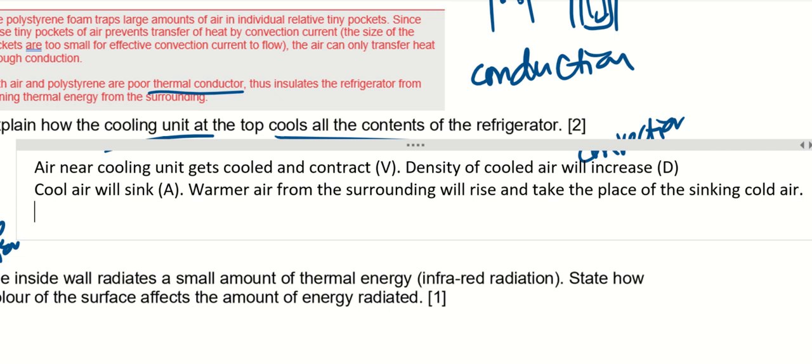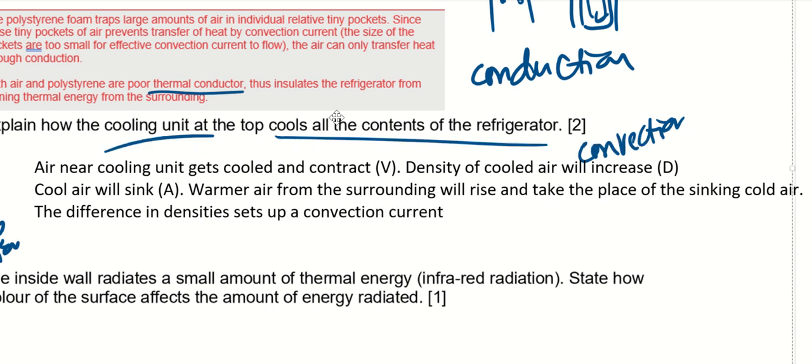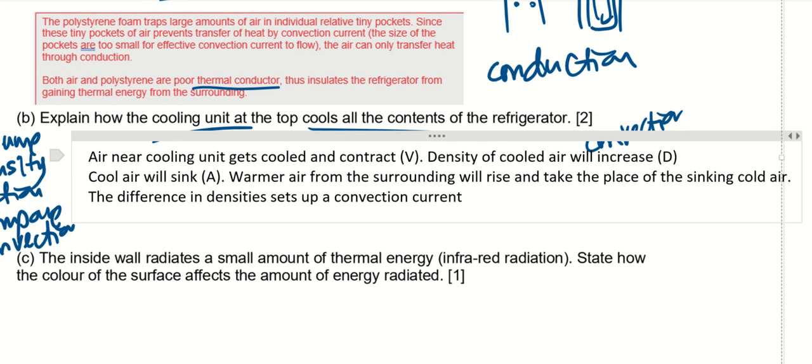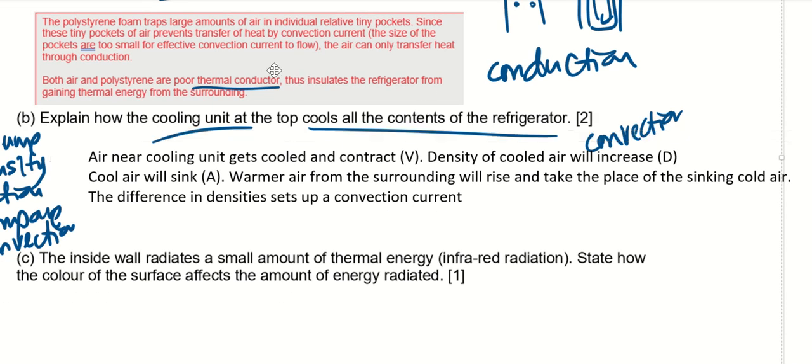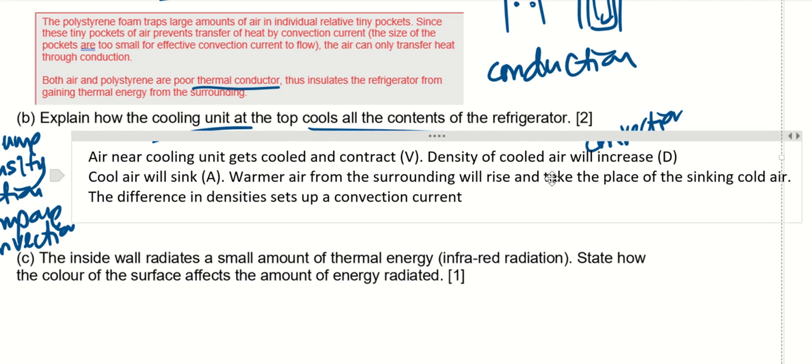Okay, this sets up the difference in densities, which sets up a convection current. So this is our compare, followed by the conclusion: setting up a convection current, which will then cool down all the contents of the refrigerator.